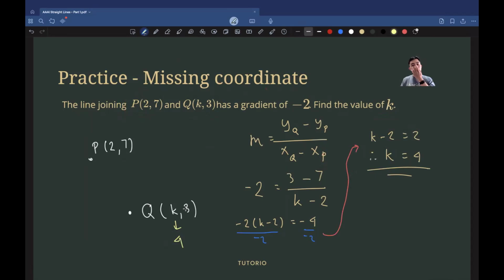Okay, in order to get this from visual understanding, we can also use the definition of gradient. So gradient is -2. This implies that every one step to the right is 2 downwards. So we kind of do it slowly with that. Every one step of x, going 2 of the y.